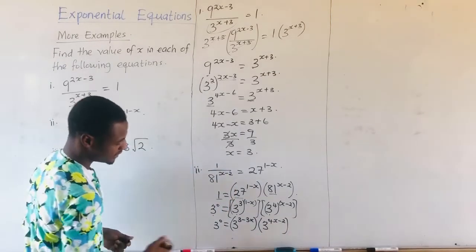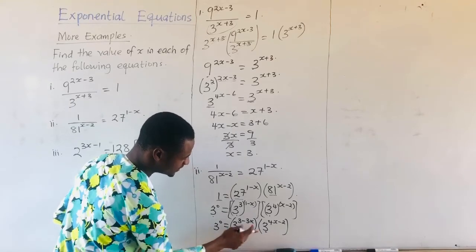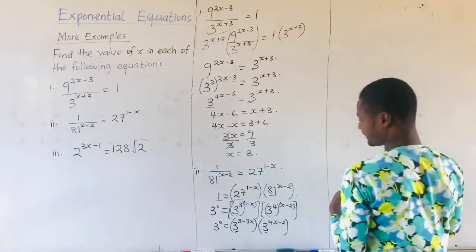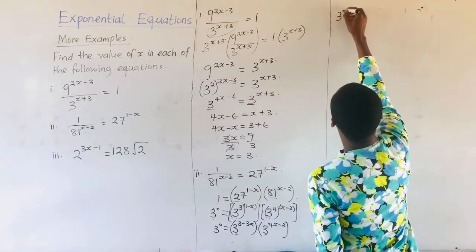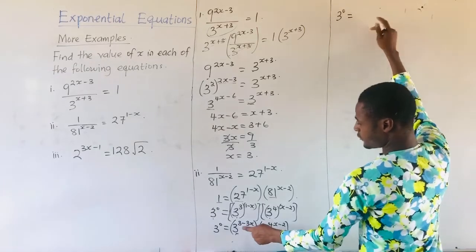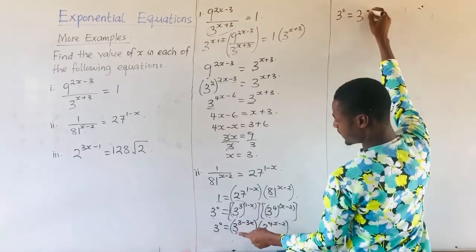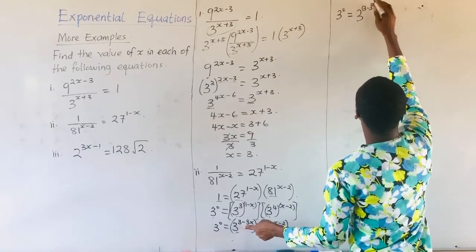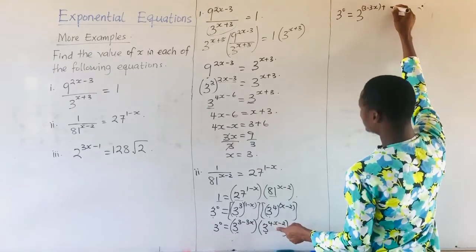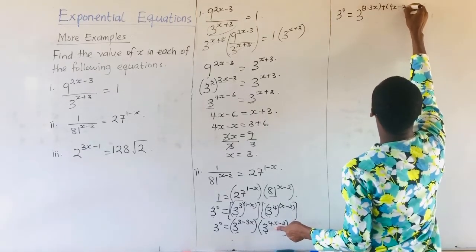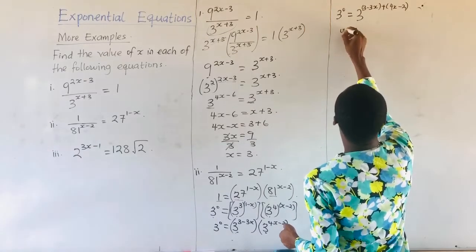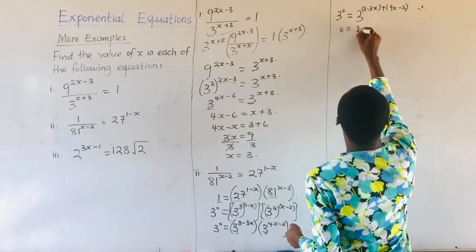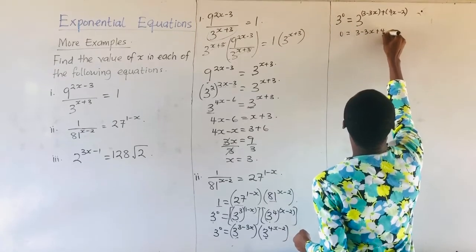Then we know that if the bases are the same and they are multiplying, we add the exponents, and that will give us 3 raised to the power 0 is equal to 3 raised to the power, we maintain the base, 3 minus 3x plus 4x minus 2. So we will have 0 is equal to 3 minus 3x plus 4x minus 2.